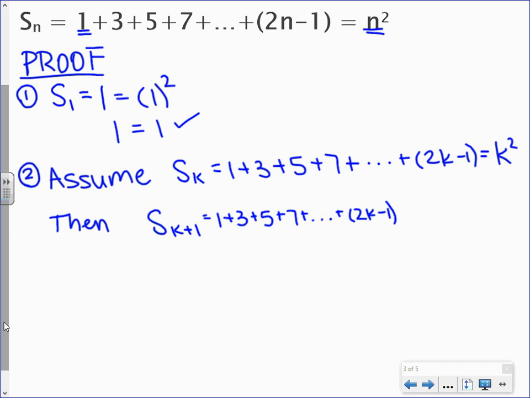If we're going to add one more term, then instead of this being k, we're going to make that k plus 1. We're adding on one more term because it's the k plus 1 sum. So I just took this rule right here, the 2n minus 1, and I put k plus 1 in there instead of k, because we're adding on one more term.